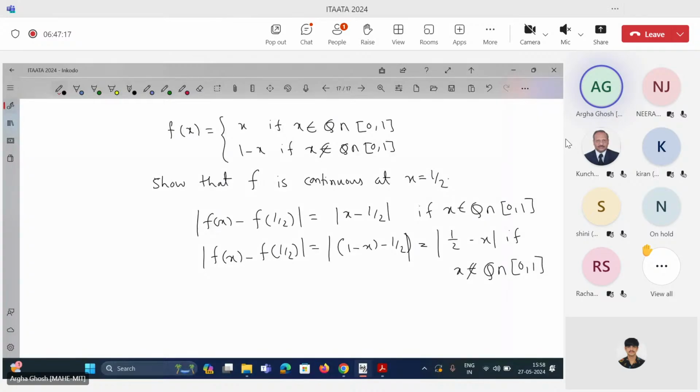In both cases, obviously, whatever epsilon you have, choose delta equal to epsilon, you are done.